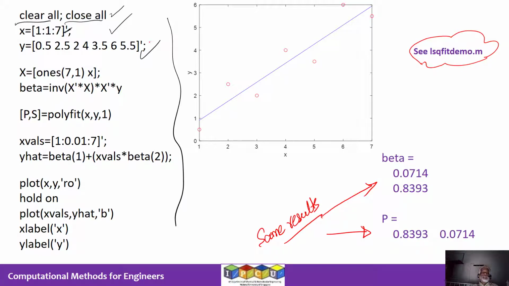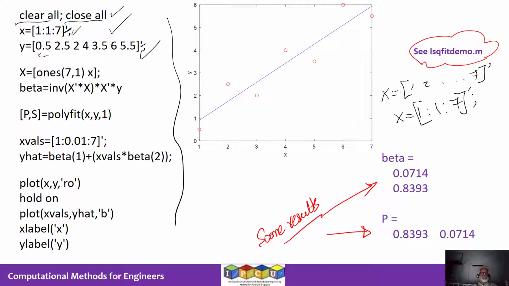That is why you see the apostrophe sign here. So the x values luckily are 1, 2, 3, 4, 5, 6, 7. So instead of typing x is equal to 1, 2, 3 all the way till 7, I just chose to say that x is nothing but 1, start at 1 in steps of 1, go till 7 and stop, and then apostrophe to make it a column vector.